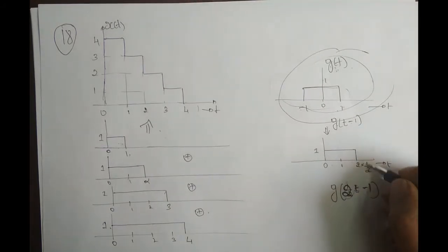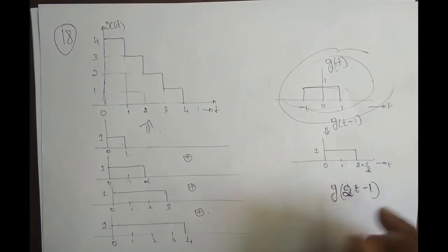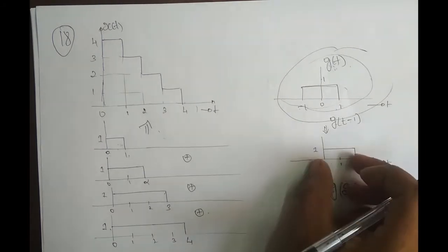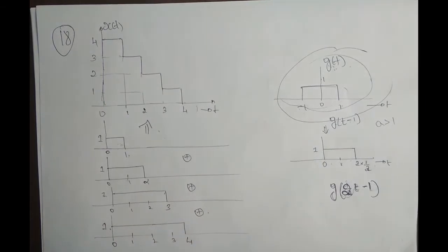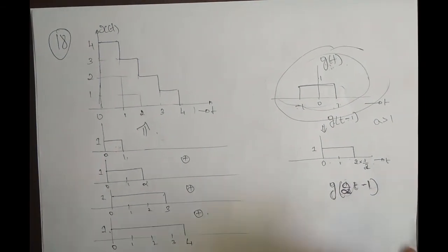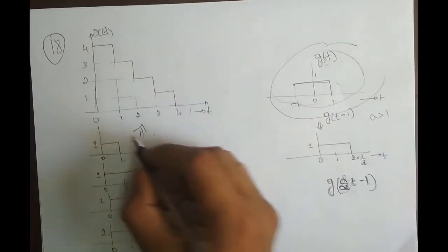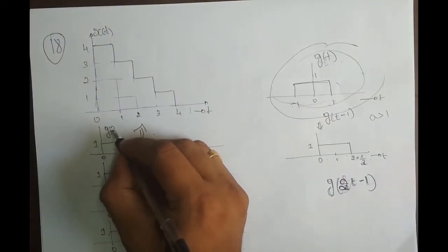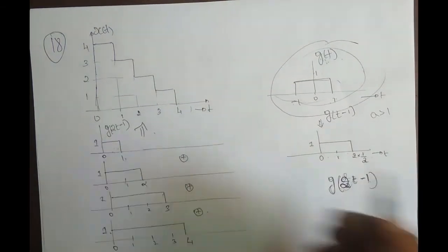In terms of the mathematical equation, this has to be g of 2t minus 1, because I am compressing now. Since I am compressing it, it has to be the compressed version, right? Therefore, I shifted it and then I time scaled it. Fine. So this is the equation g of 2t minus 1 in terms of g of t for this signal.